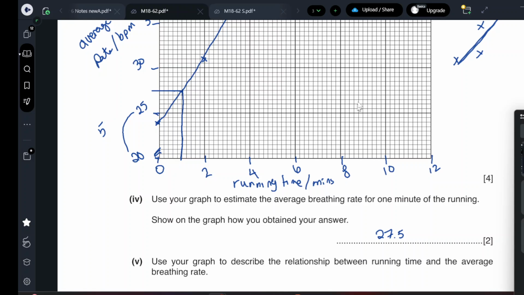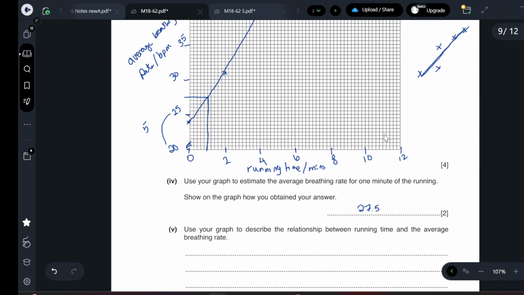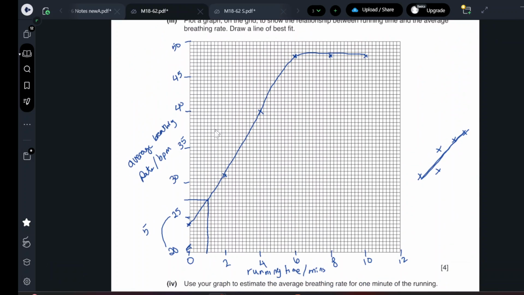Use your graph to describe the relationship between the running time and the average breathing rate. This is a description question. Use the graph to describe what happened.